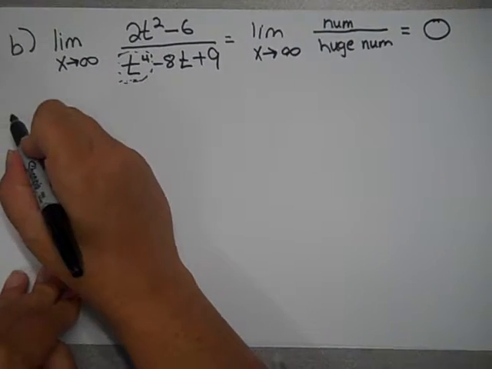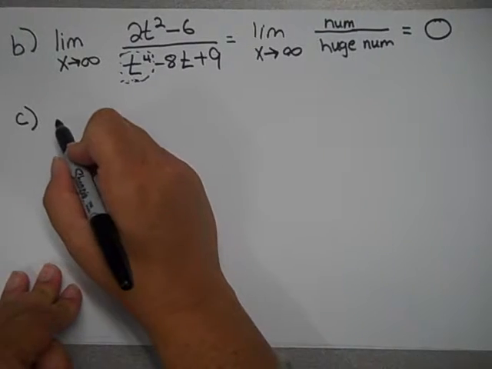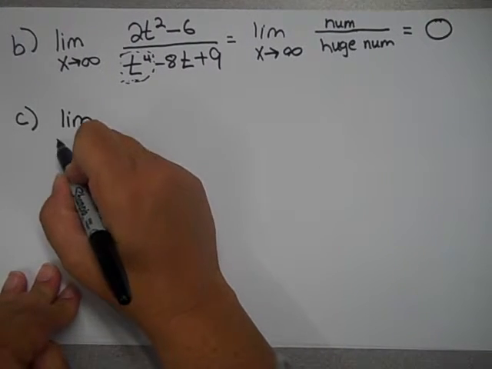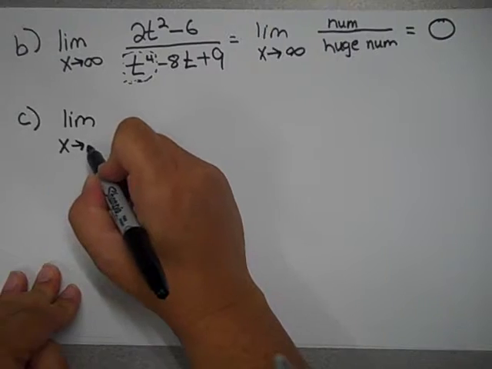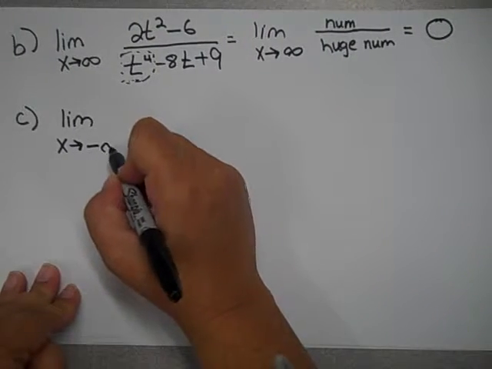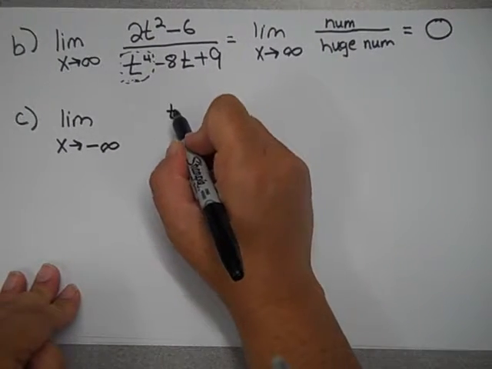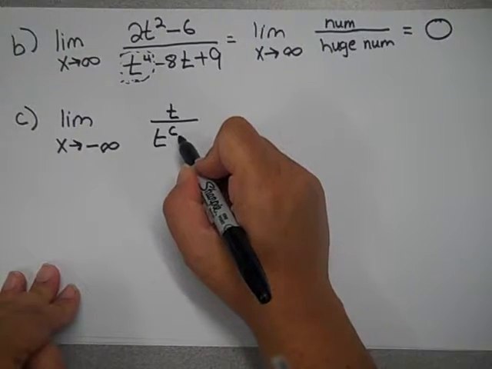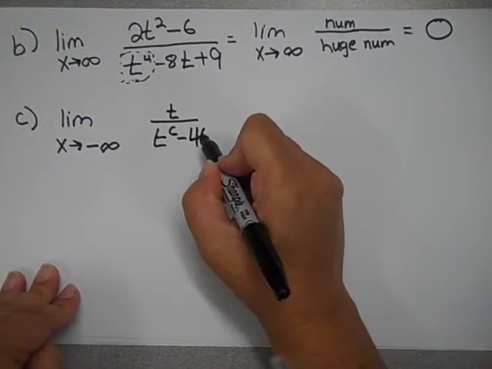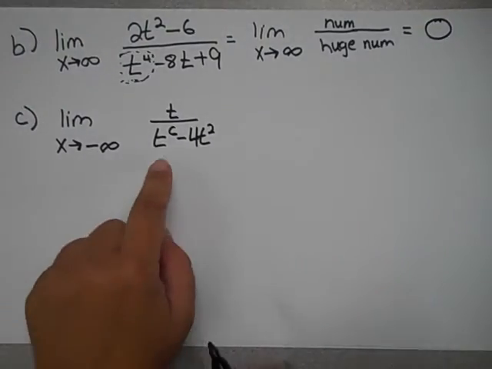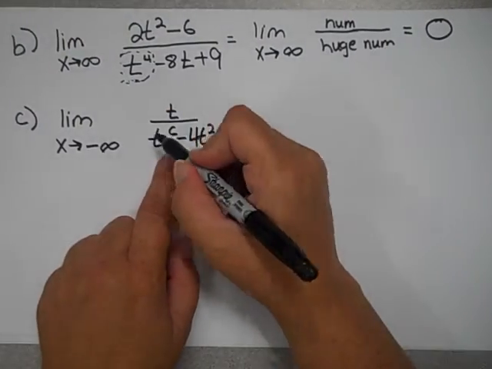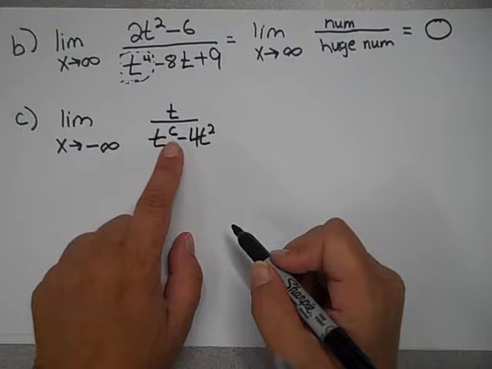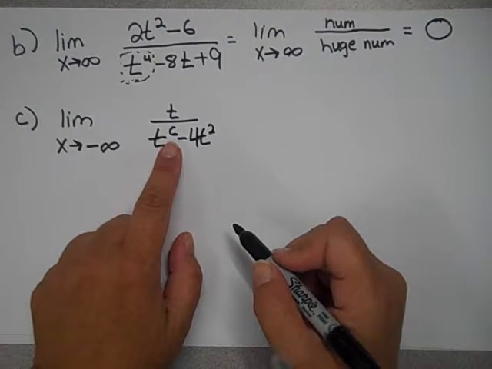Okay, so let's do letter C. Letter C is the limit as x approaches negative infinity of t over t to the sixth minus 4t squared. So our biggest exponent is right here. It's the t to the sixth.